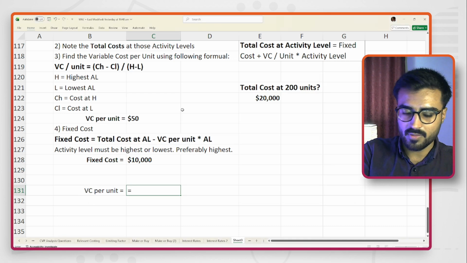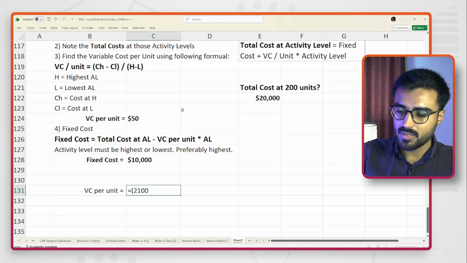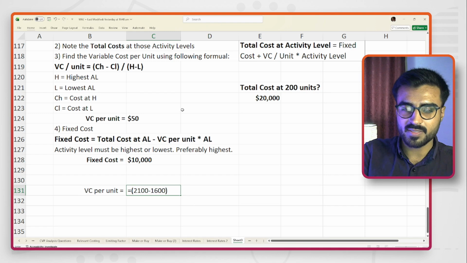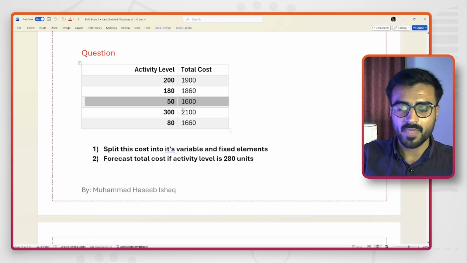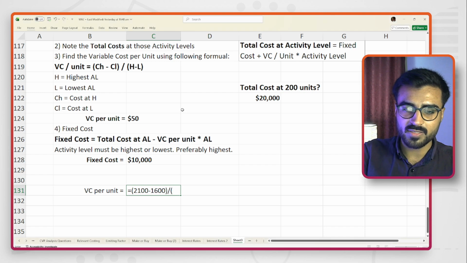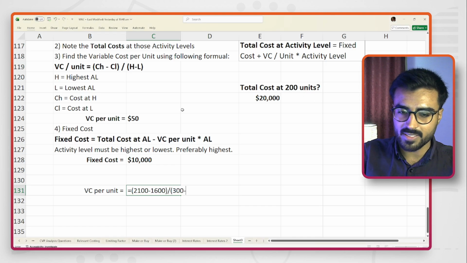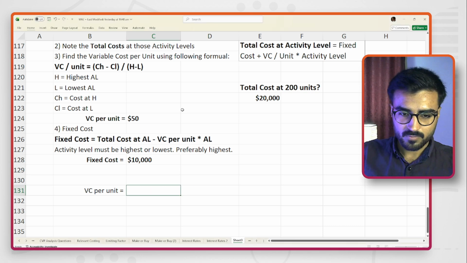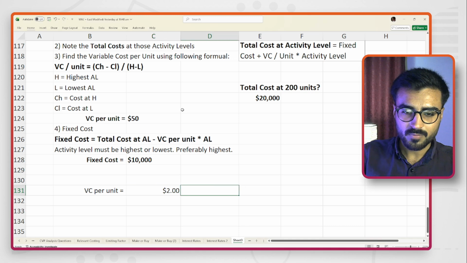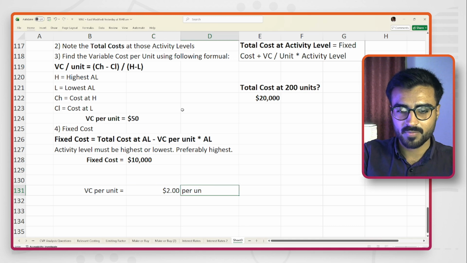We will do this in brackets: 2100 minus 1600, this is the change in the cost, divided by the difference in activity level. It was 300, the highest activity level, minus 50 units, the lowest activity level, which is 250. So the variable cost per unit is $2 per unit, right?